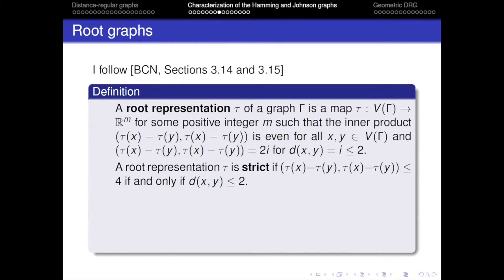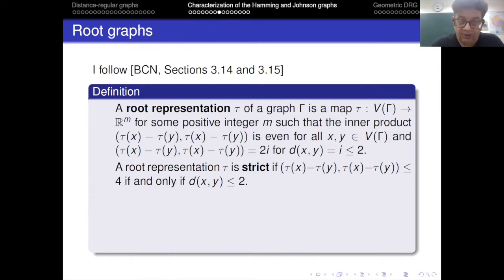Now I will follow BCN sections 3.14 and 3.15. BCN is a book by Brouwer, Cohen, Neumaier with the title Distance-Regular Graphs, published in 1989.